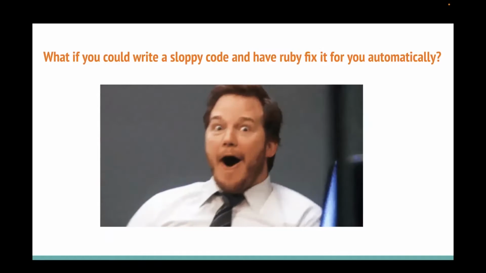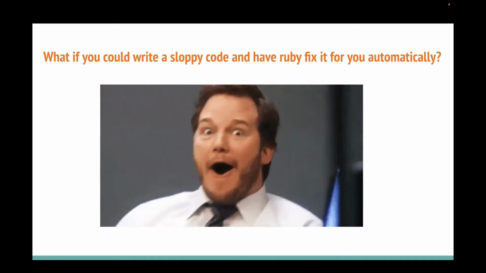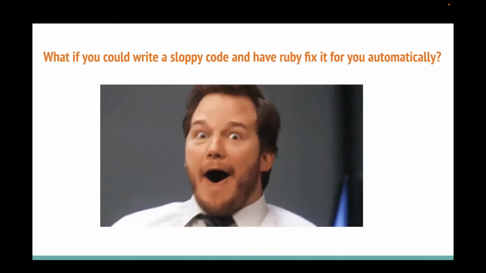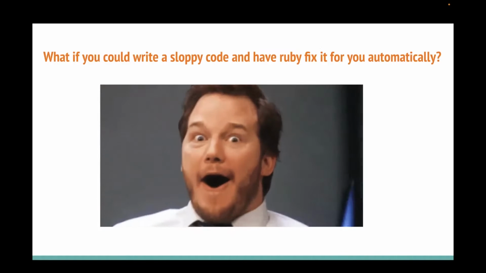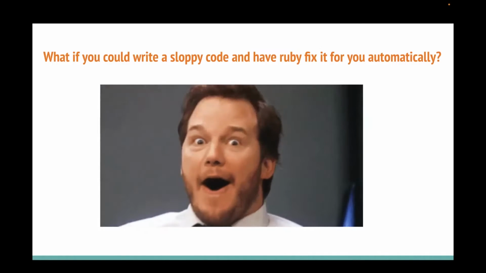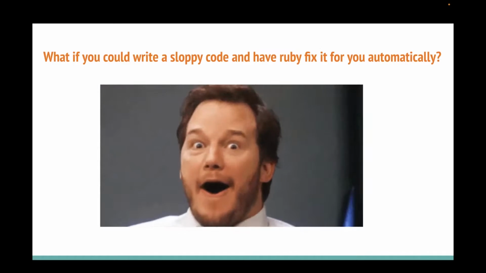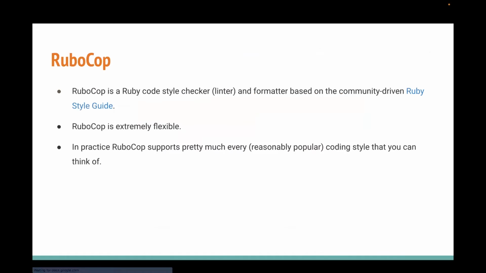Okay, so what if you could write sloppy code and have Ruby fix it for you automatically? Some of you might think, is that even possible? Whoever doubts Rubocop or any code formatters, yes, it is possible with Rubocop.